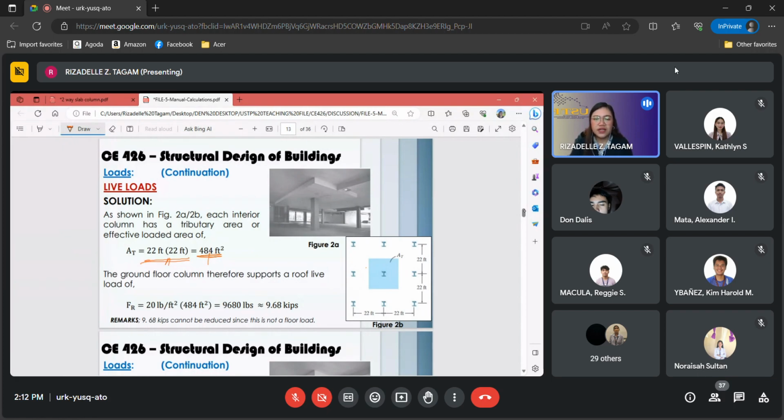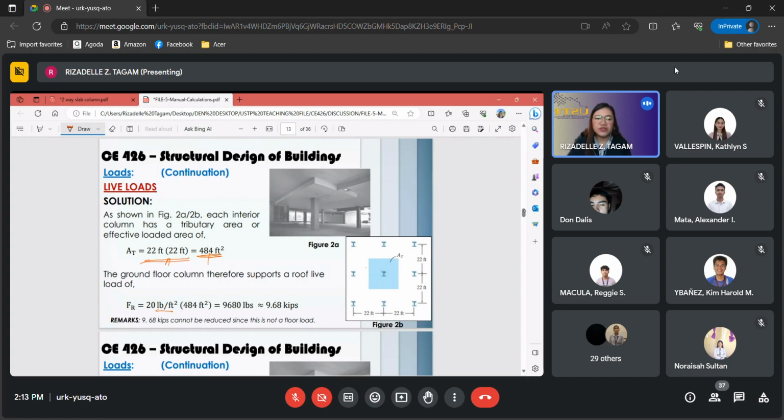Now, ground floor column, therefore supports a roof live load. So ang mo-carry sa atong roof nga loading is ilabay nato dito sa ground. Diretso na sa ground ang loading.